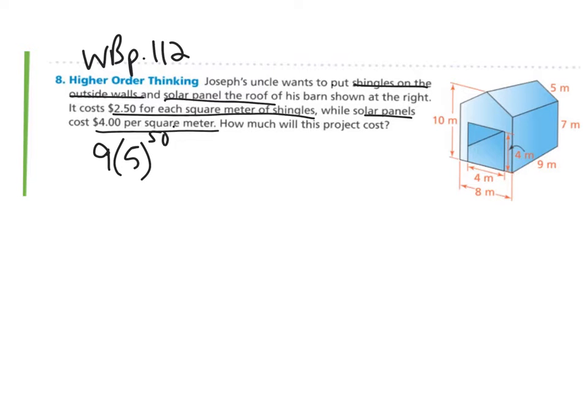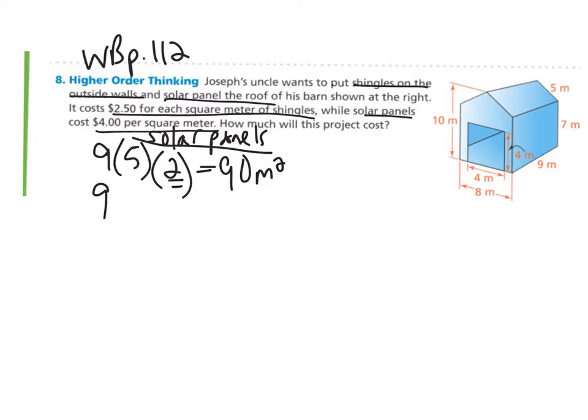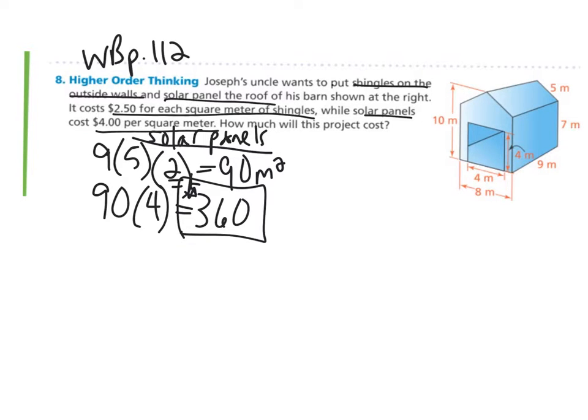Maybe we'll make mention here, this is our solar panels. Nine by 5 rectangle, we've got 2 of those, so that would be 90 square meters, and it's $4 per square meter, so we'll take 90 times 4, would be $360 for the solar panels.